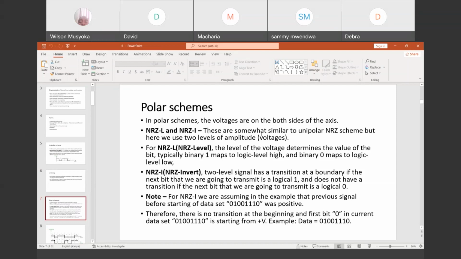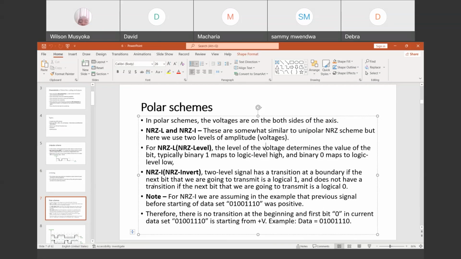They are similar to the unipolar non-return to zero, but they are going to have two levels of amplitude, meaning that you can have a positive voltage and a negative voltage as well. So in non-return to zero level, the one we are calling L, the level of the voltage determines the value of the bit. So a binary one is going to map to a logic level high, and a binary zero is going to be a logic level low.